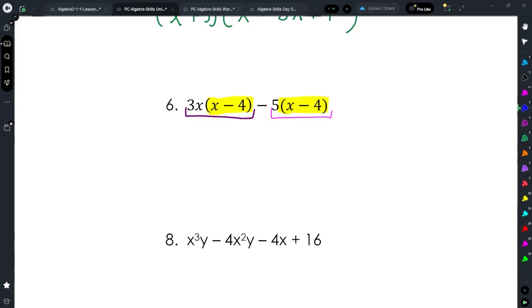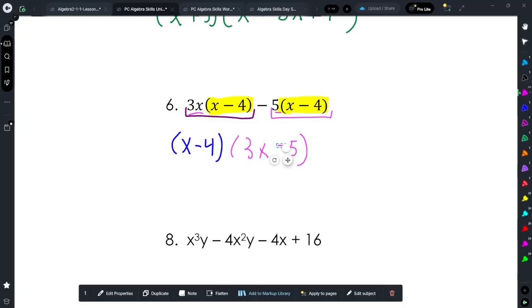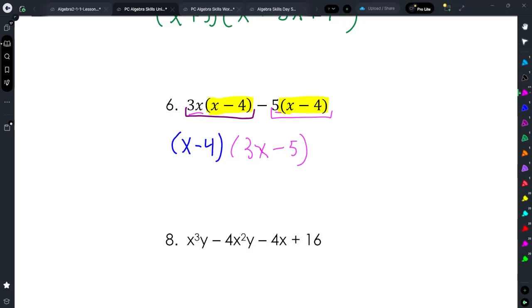So we can actually factor out that x minus 4, and then what we're left with is 3x minus 5.